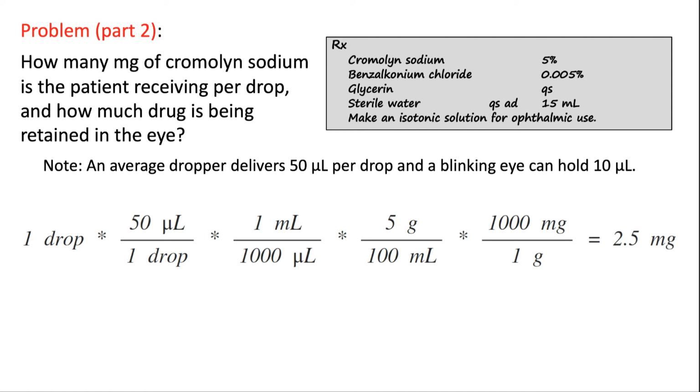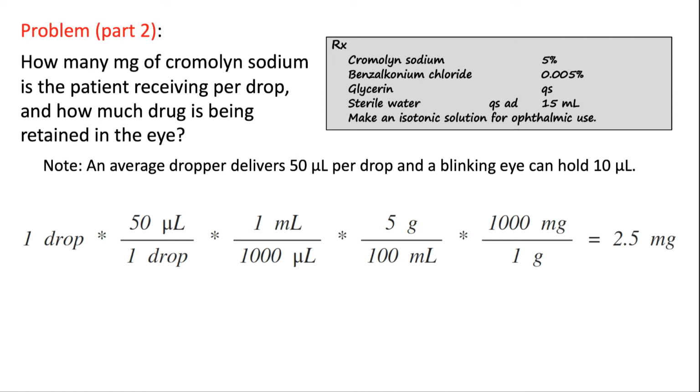So if we start with 1 drop, we can then convert the drop to the volume of that drop. So let's multiply 1 drop by the fact that we were told that each drop contains 50 microliters. So 1 drop times 50 microliters per drop, the units of drop cancel, and we're in microliters. However, our concentration is expressed in milliliters. So let's get rid of microliters. I'm going to convert the microliters to milliliters by multiplying by the fact that for every 1 milliliter, there is essentially 1,000 microliters.